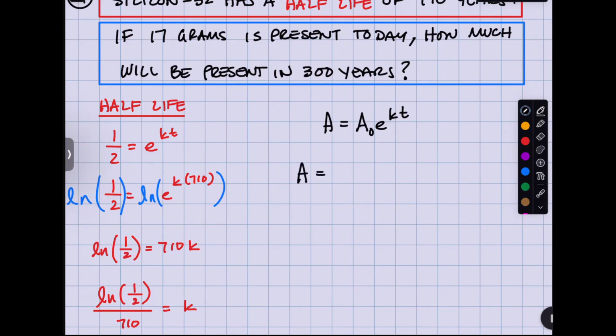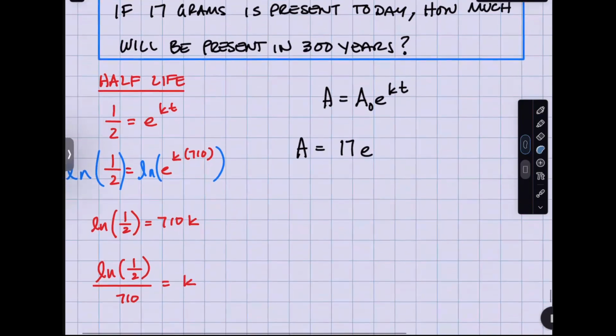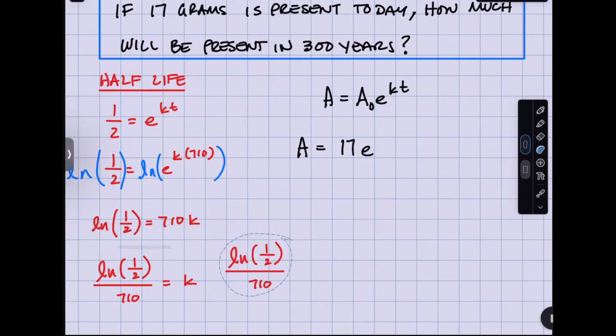What's my initial amount? Ta-da! And just plug that into your calculator.